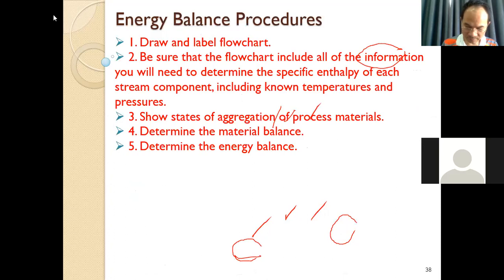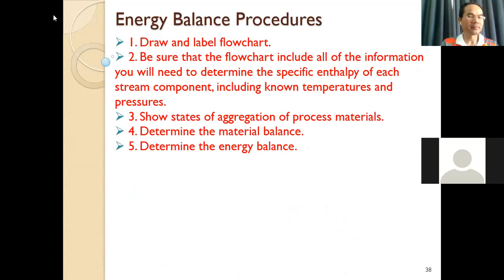Okay, that is some examples. I will conclude with the general balance procedure, which looks like the mass balance. The first step, you have to draw and label the flow chart. What are the known and unknown properties in the inlet and outlet? Be sure that the flow chart includes all the information you need to determine the specific enthalpy of each component.